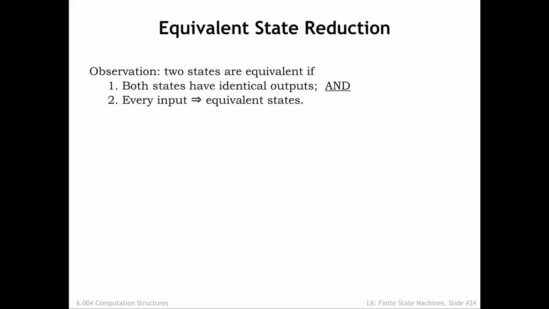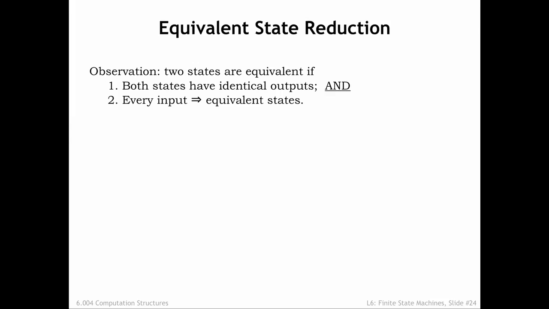Earlier, we talked about finding equivalent FSMs with fewer states. Now we'll develop an approach for finding such FSMs by looking for 2 states that can be merged into a single state without changing the behavior of the FSM in any externally distinguishable manner. 2 states are equivalent if they meet the following 2 criteria.